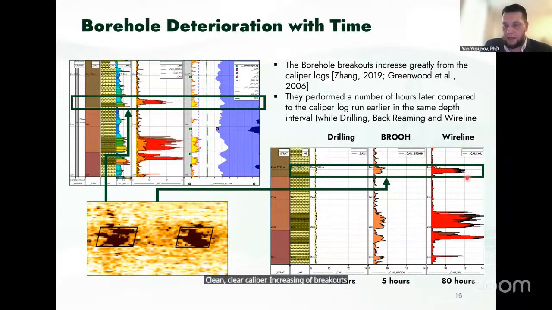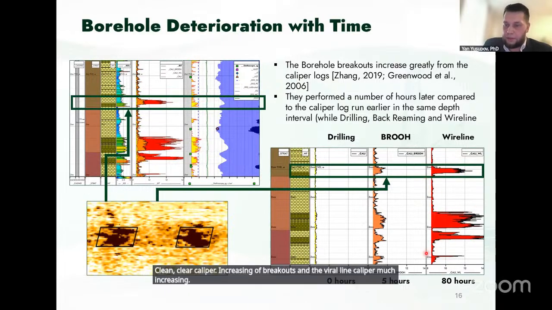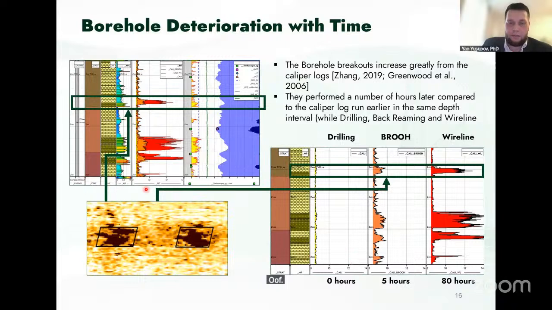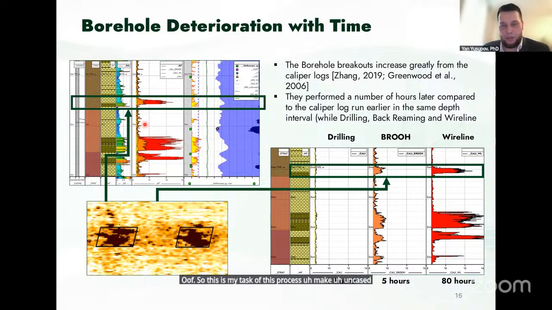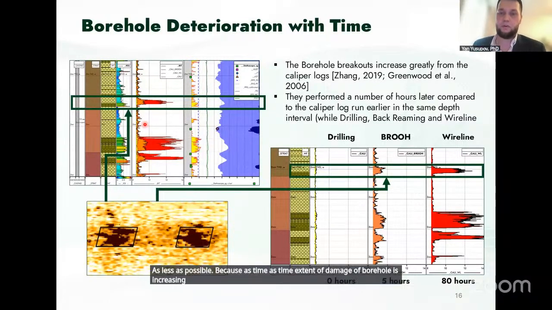And wireline caliper, much increasing of caliper. So the main task of this process is to make the uncased well time as short as possible, because with time the extent of damage of the borehole increases, and can be a problem.